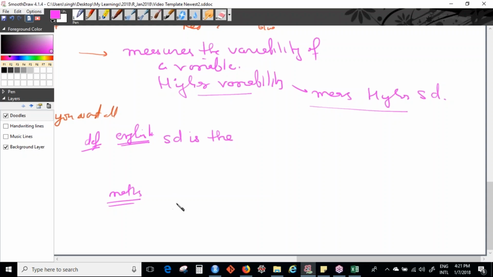In mathematics, with the sigma notation, your standard deviation is usually represented by sigma is equal to the square root of the summation of (xi minus x bar) whole square divided by n, where i goes from 1 to n. This is the value of your standard deviation.